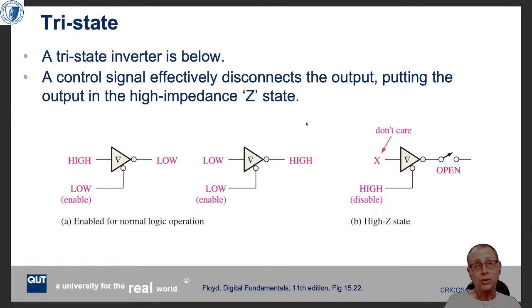The reason you might use a high impedance output is usually when there are lots of devices connected on the same bus, right? So there might be several devices outputting onto a bus, but you only enable one of them at a time and you have all of the other outputs disabled until that device is called upon to provide its information.